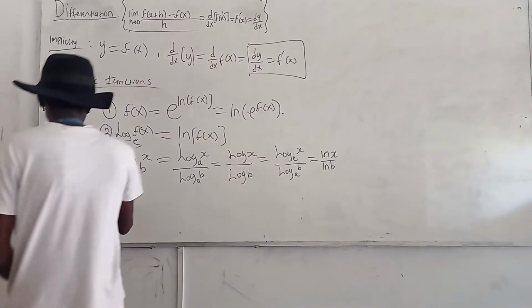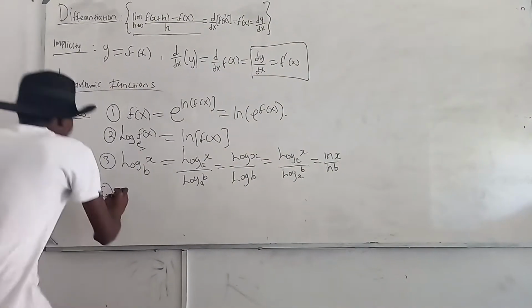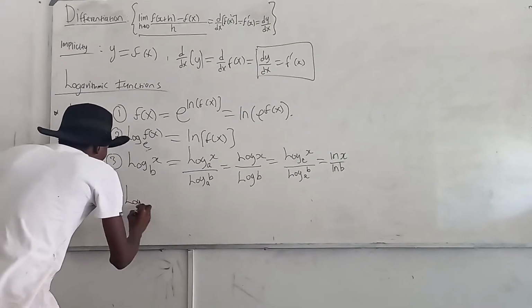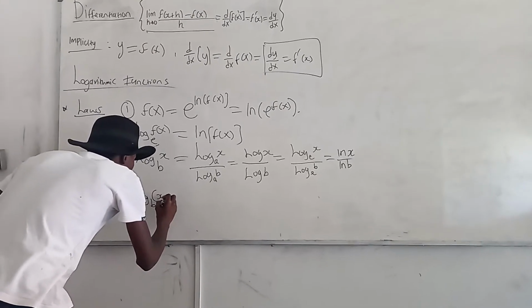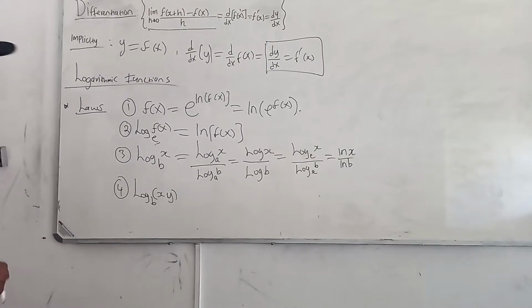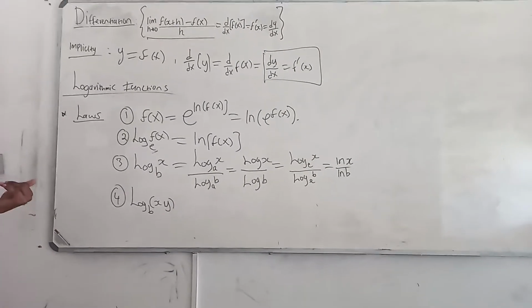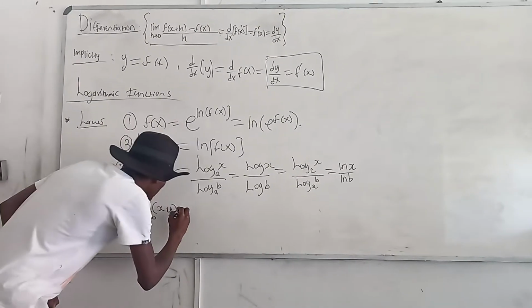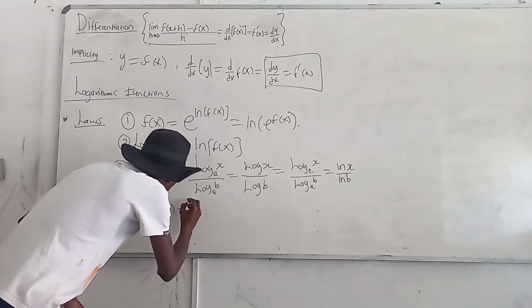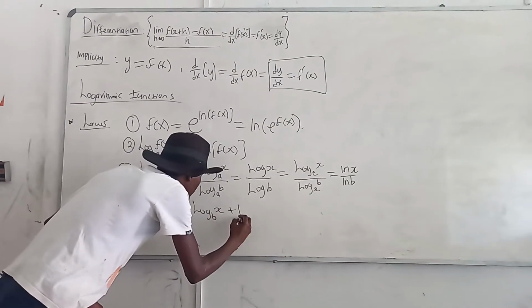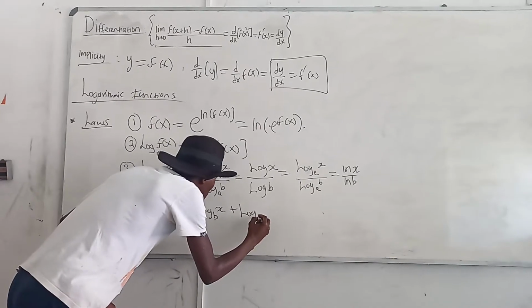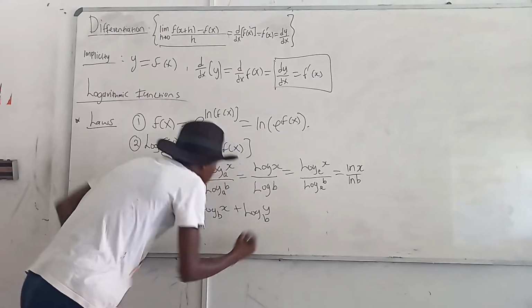So, number 4. What about log base b of x times y? This can be written as log base b of x plus log base b of y.